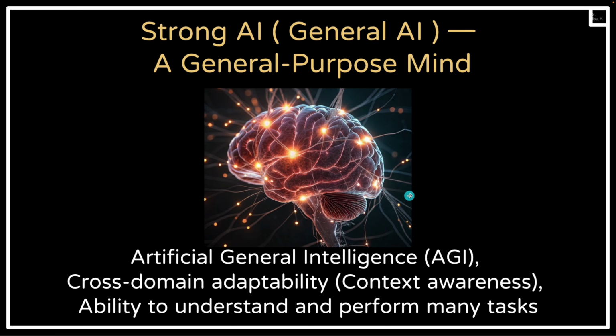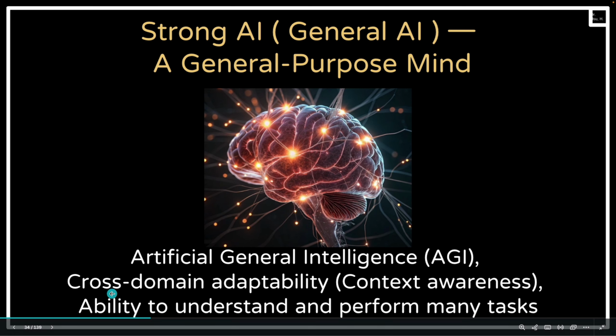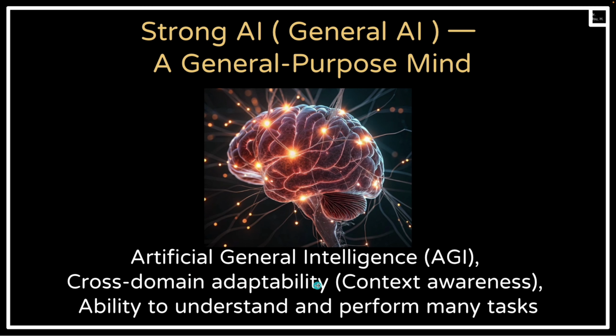This is a strong signal that this slide is talking about something broader and more hypothetical, artificial general intelligence, or AGI. Please focus on the phrase at the bottom. Cross-domain adaptability, context awareness, and the ability to understand and perform many tasks.